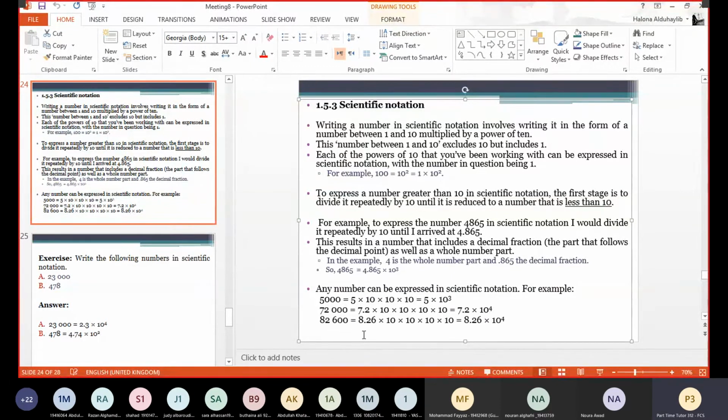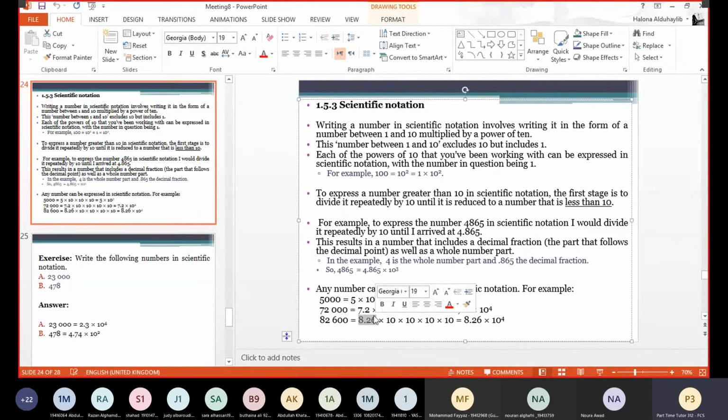82,600 is actually 8.26 multiplied by 10 to the power of 4. We remove the decimal point and zeros from the number. So here we convert 82,600 to 8.26.